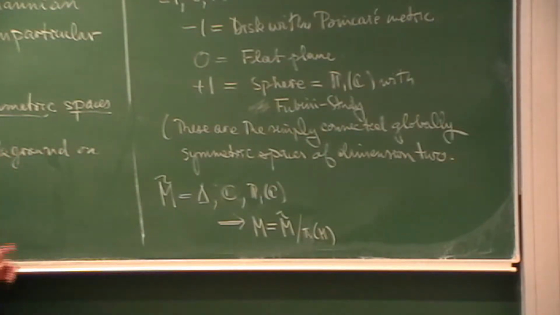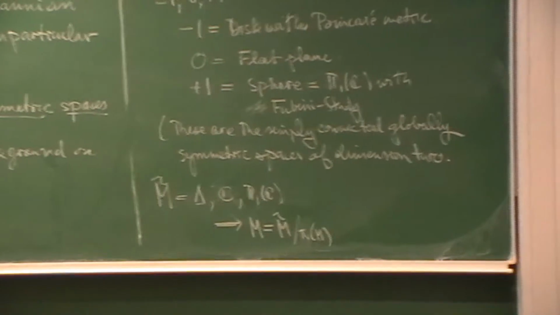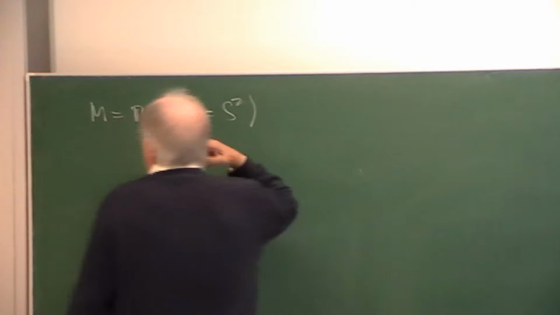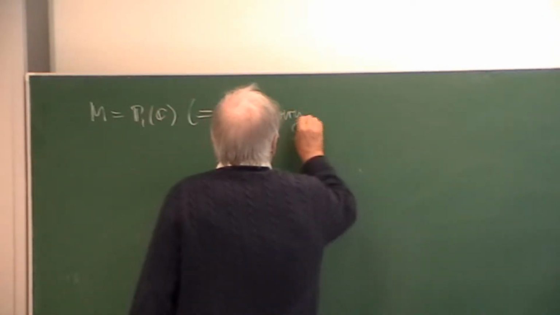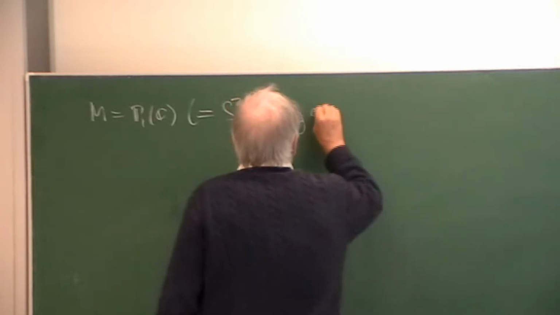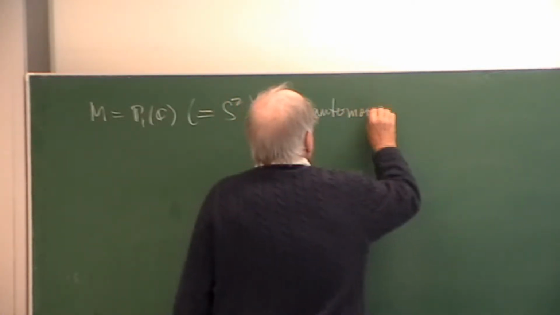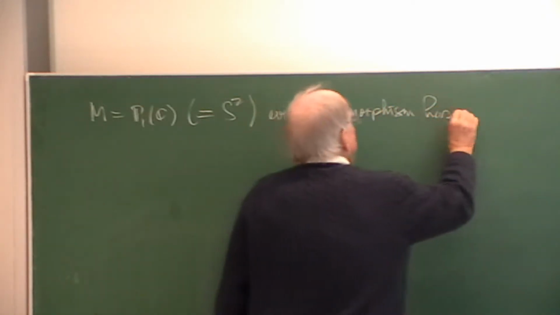And as you know, the fundamental group in the compact case is of course trivial because every automorphism has a fixed point. So for M equal P1C, let's emphasize that that is equal to the sphere, every automorphism has a fixed point here.